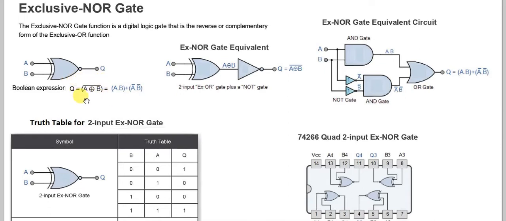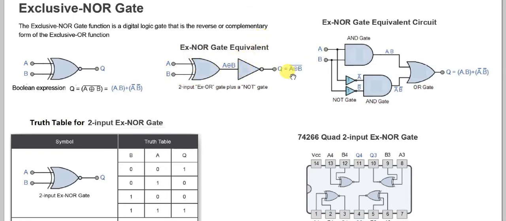This is the logical expression: A and B, or A complement and B complement, that is AB plus A complement dot B complement. The exclusive NOR gate equivalent is an exclusive OR gate with a NOT gate put on it, giving Q equals the complement of A exclusive OR B.